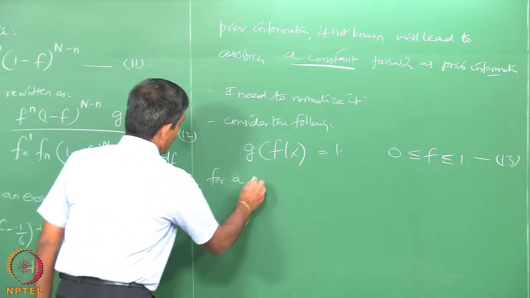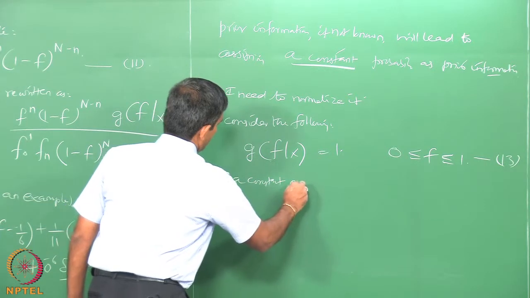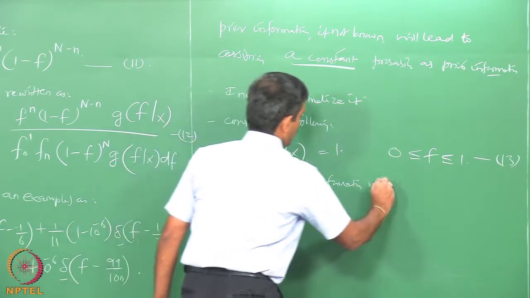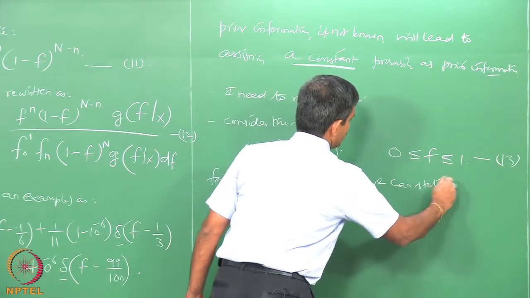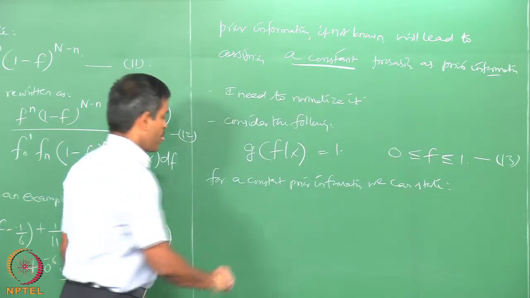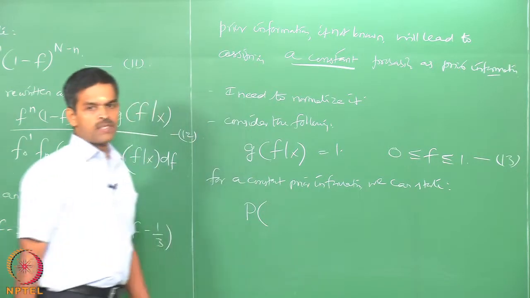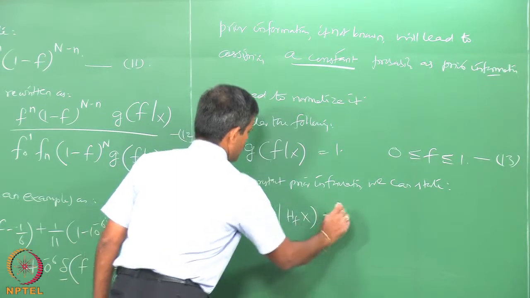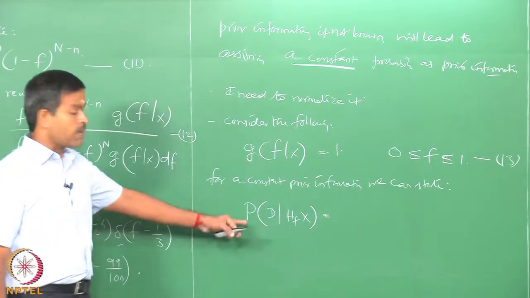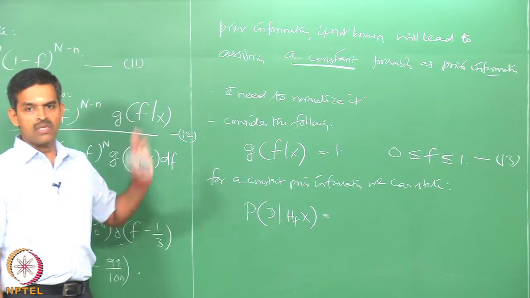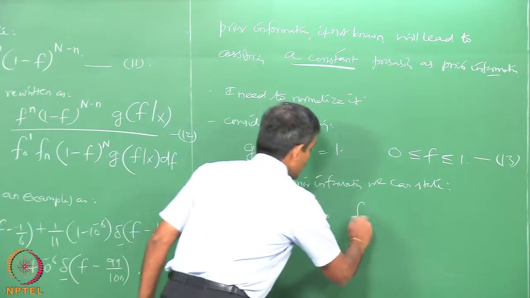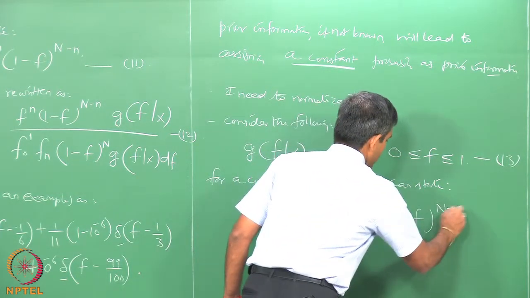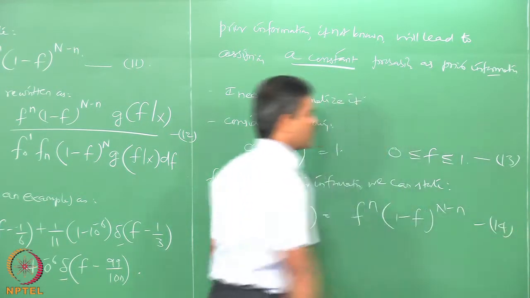So, for a constant prior information, we can state as follows: probability of D, representing inspection, is based on hypothesis, which is why the denominator is replaced, which was normalizing the hypothesis. If you look at the equation earlier, it now becomes F to the power n times 1 minus f to the power N minus n, which we already wrote also.